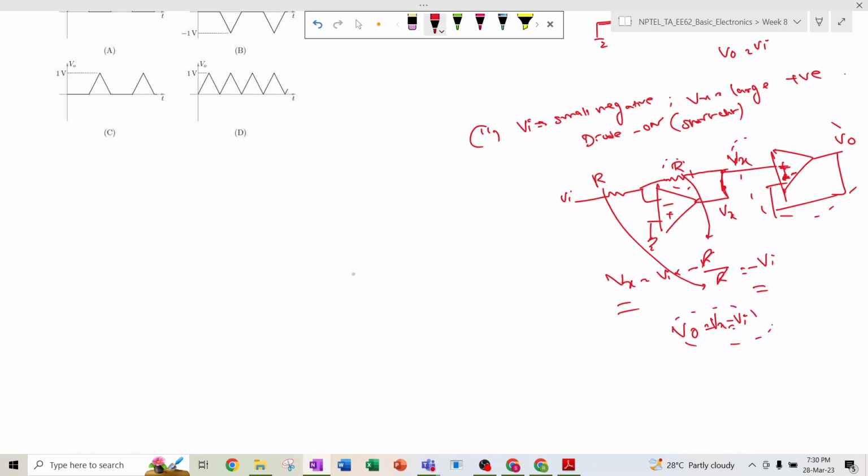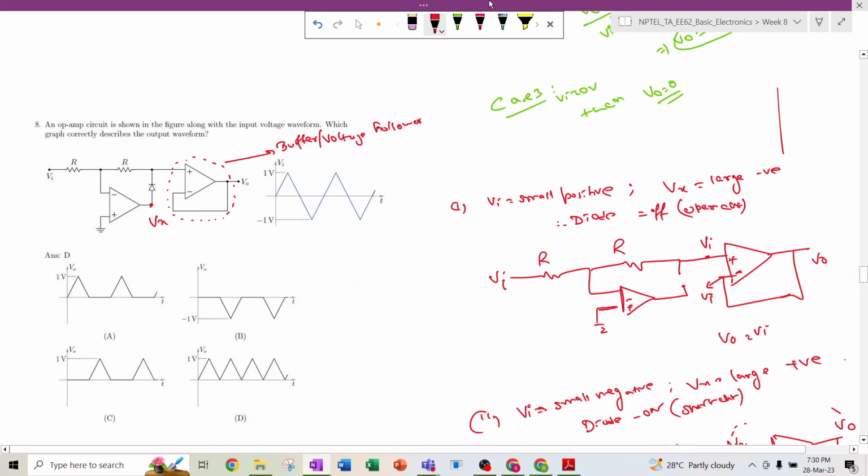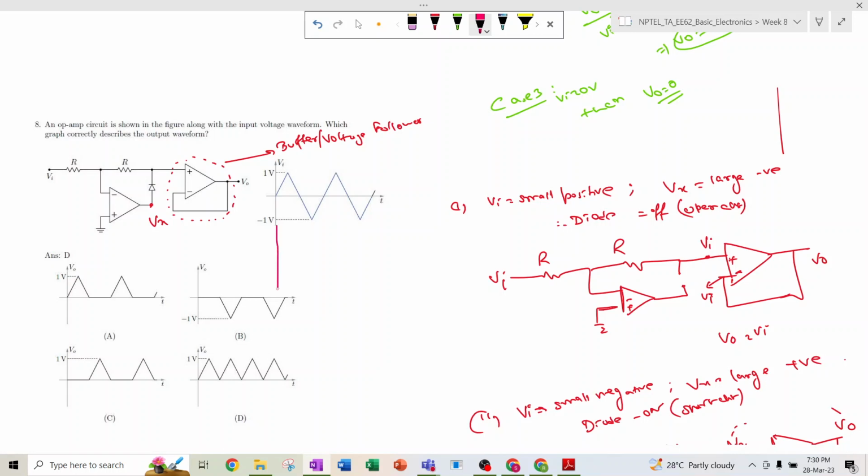If we draw a diagram, suppose this is t, this is VO.